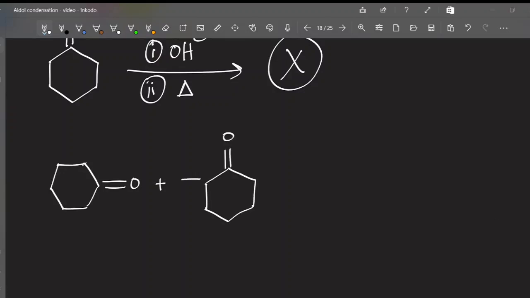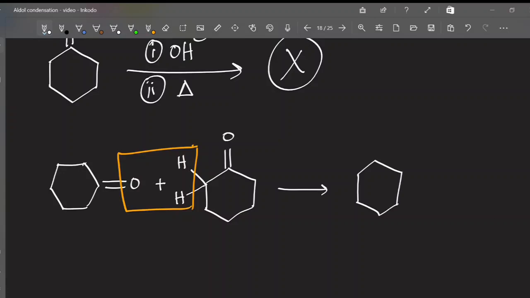We have two acidic hydrogens, if I am not wrong. And now a water molecule needs to be eliminated. Two cyclohexanone rings are going to be attached with each other through a common double bond adjacent to a carbonyl group. So this is our product X.